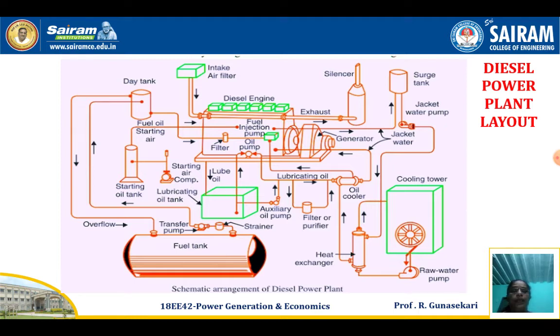So the diesel power plant consists of fuel tank, starting oil tank, day tank, intake air filter, silencer, surge tank, cooling tower, diesel engine, generator, filter, auxiliary oil pump, strainer, heat exchanger, oil cooler, fuel injection pump, starting air compressor, lubricating oil tank.